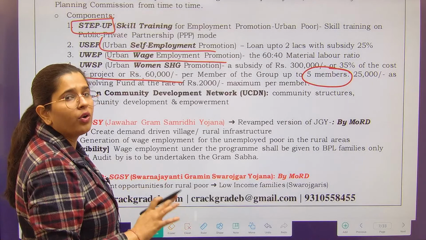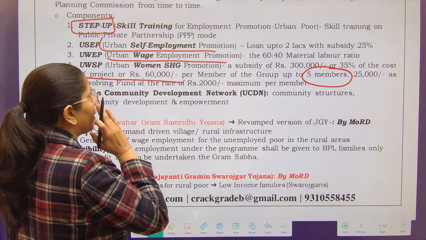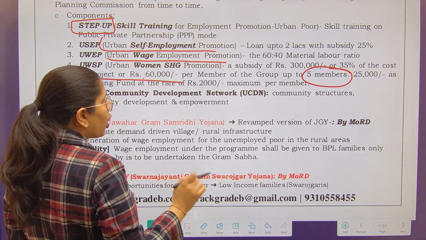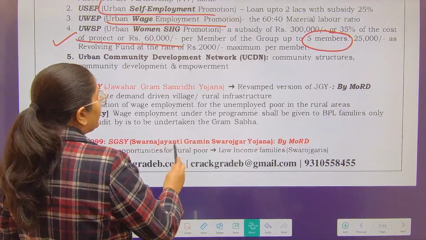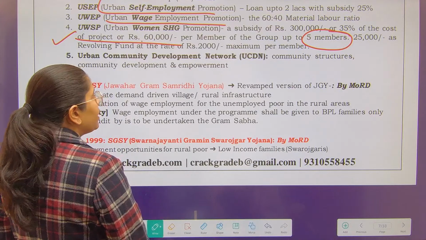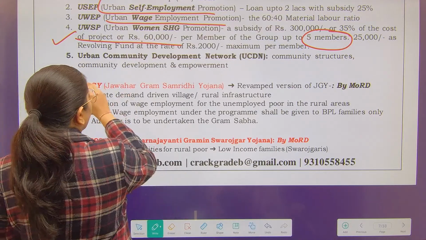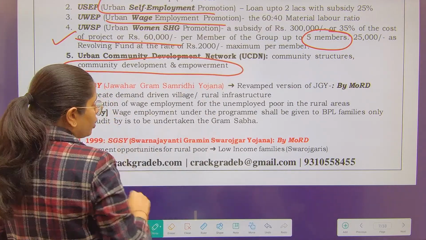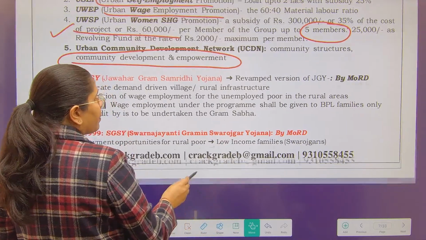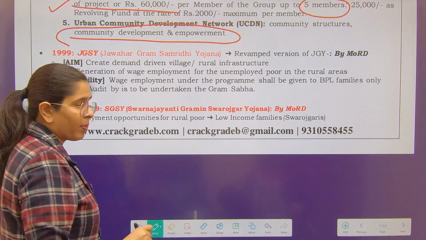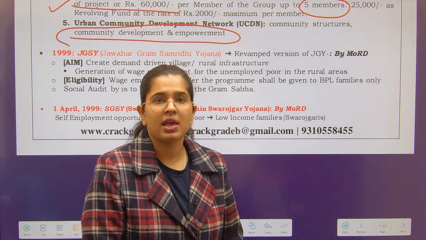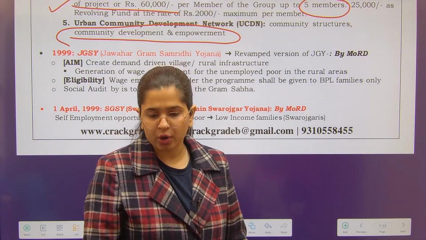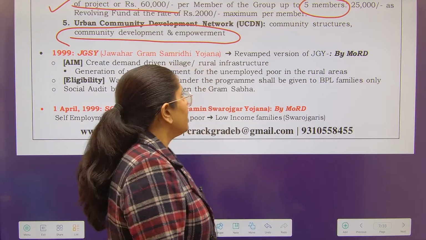So this is how your support will be provided. 25,000 is also given at the rate of 2,000 maximum per member. Now, urban community development network is also a part of it, so that groups of urban families or urban population can come together and can be formed into groups which can have an employment objective of their own.